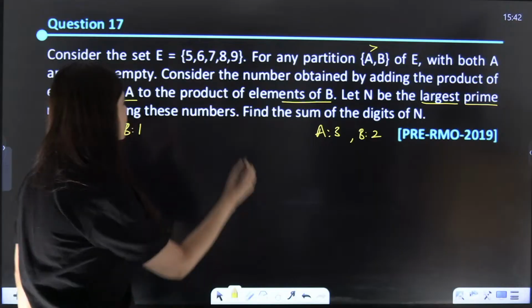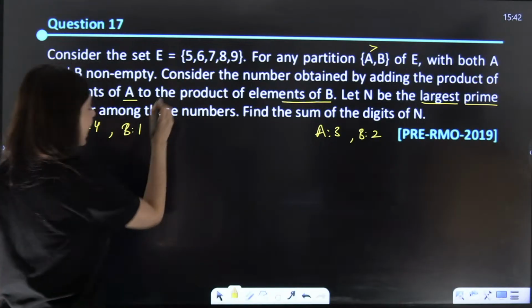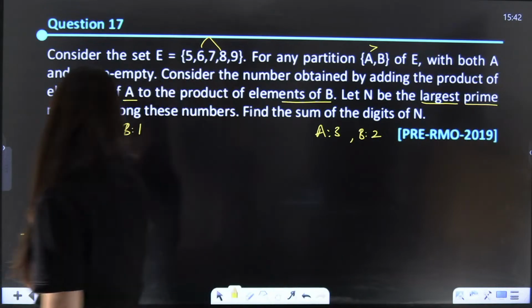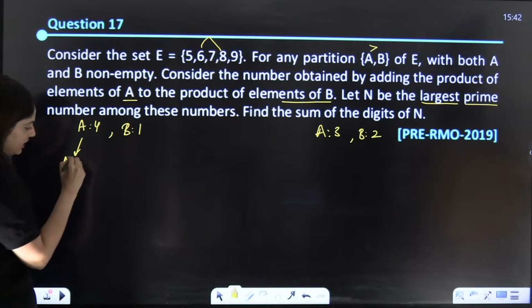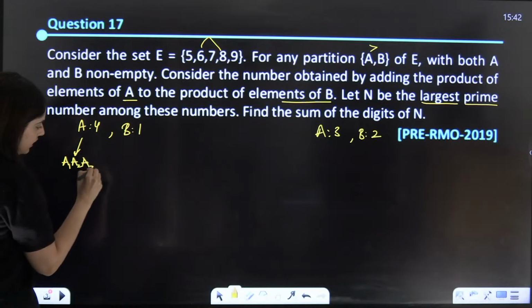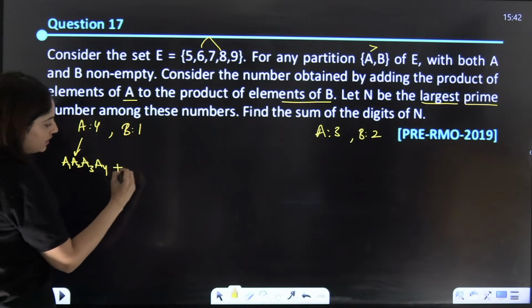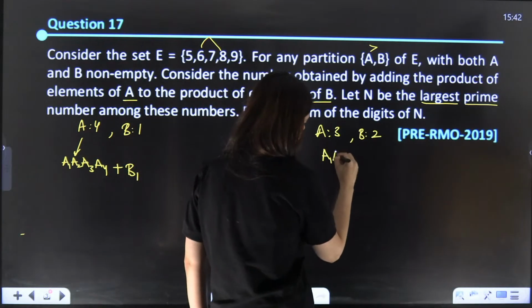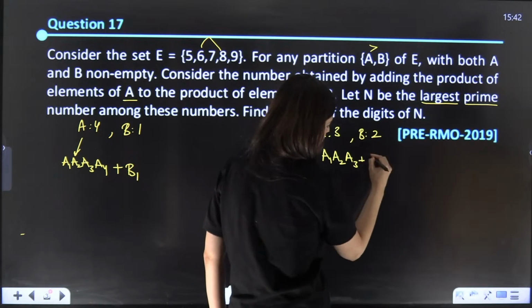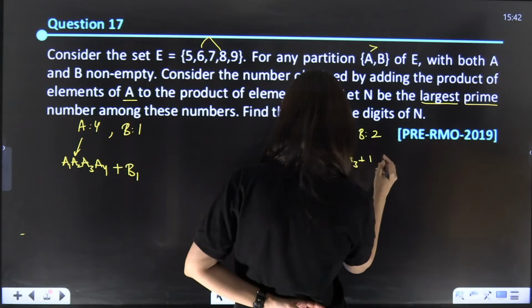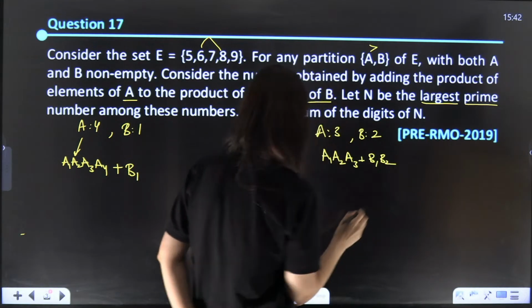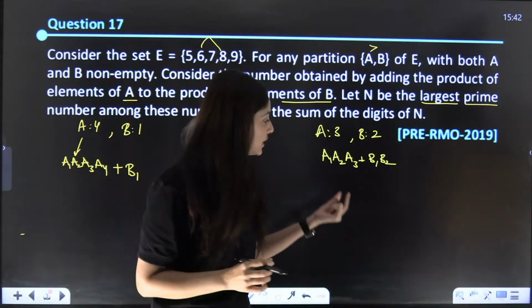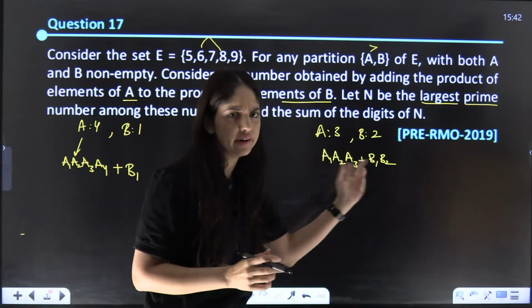That means if 6 and 8 are in different sets, let's say A has A1, A2, A3, A4 and B has 1, so the product will be B1. And in this case, the product will be A1, A2, A3 plus B1, B2. Now, if 6 and 8 are in different partitions, that means 6 will be here, 8 will be here, or 8 is here, 6 is here.